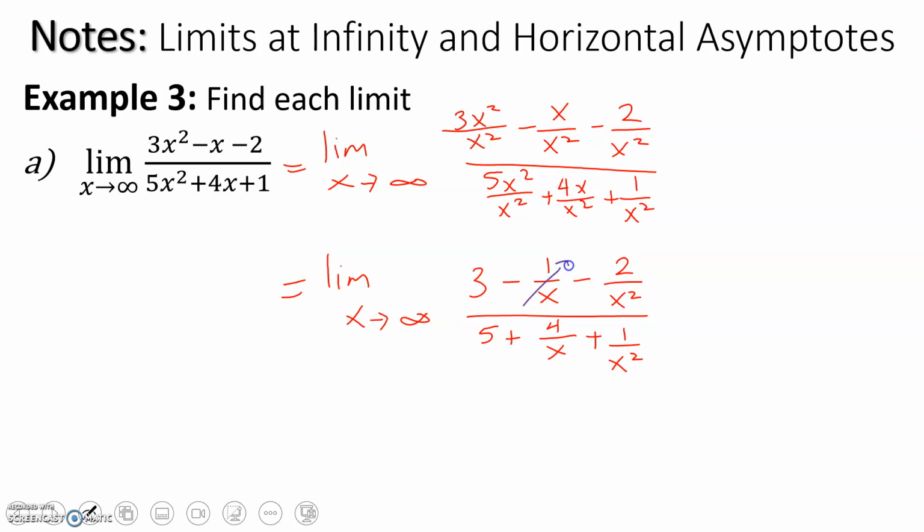So we see here that goes to 0, this goes to 0, the 4 over x goes to 0, and the 1 over x squared goes to 0. That means then that the limit here is 3/5, meaning that we have a horizontal asymptote at y equals 3/5.